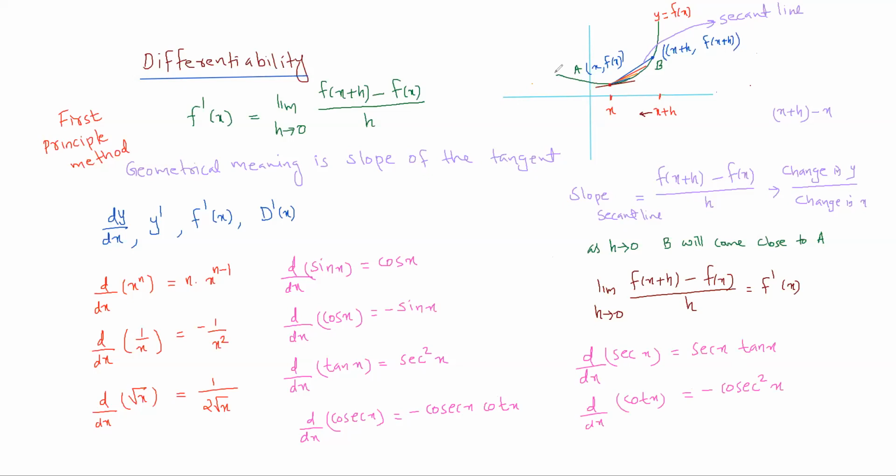Then again, you have seen some algebra like u and v. These are functions of x. Then the derivative of u plus v is equal to the derivative of the first function plus the derivative of the second function.